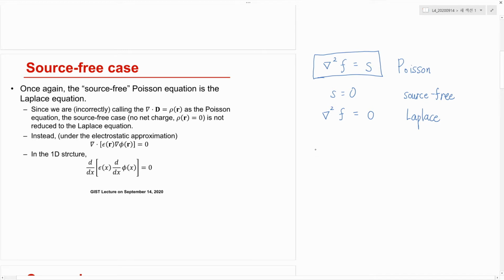However, please note that our equation itself is not exactly in the form of a Poisson equation.